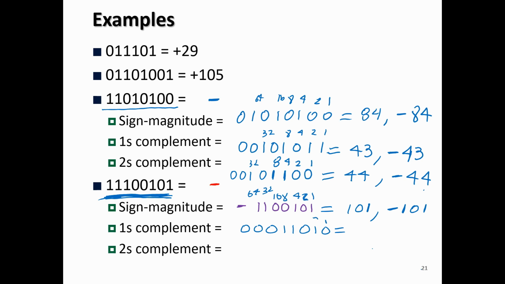That's a 1, 2, 4, 8, 16. So that's a 26. And remember we have a negative number. Remember we're starting with a 1. So negative 26.